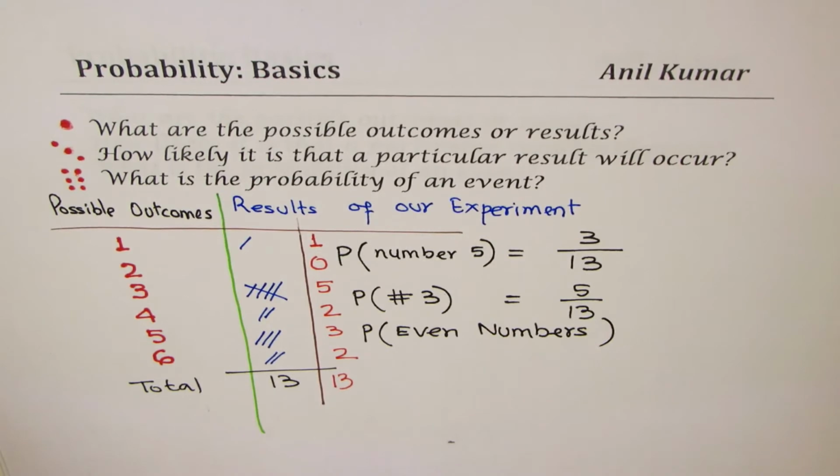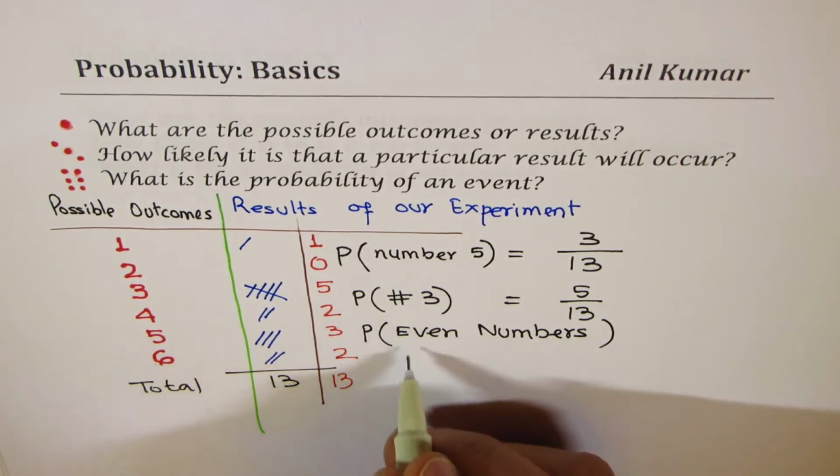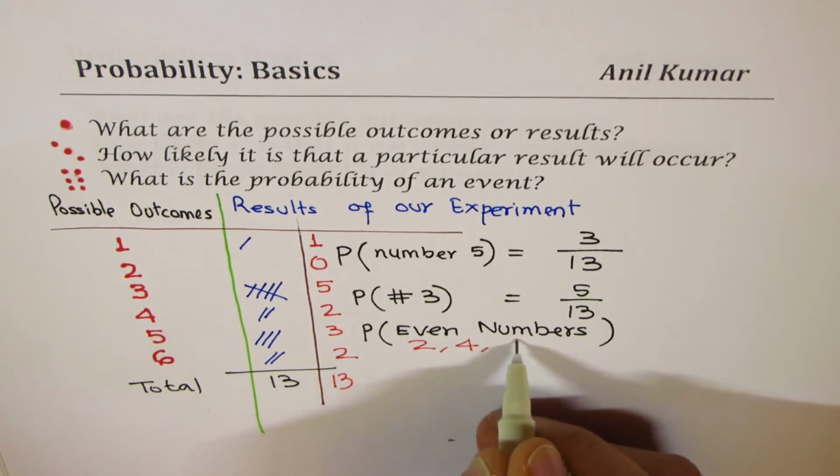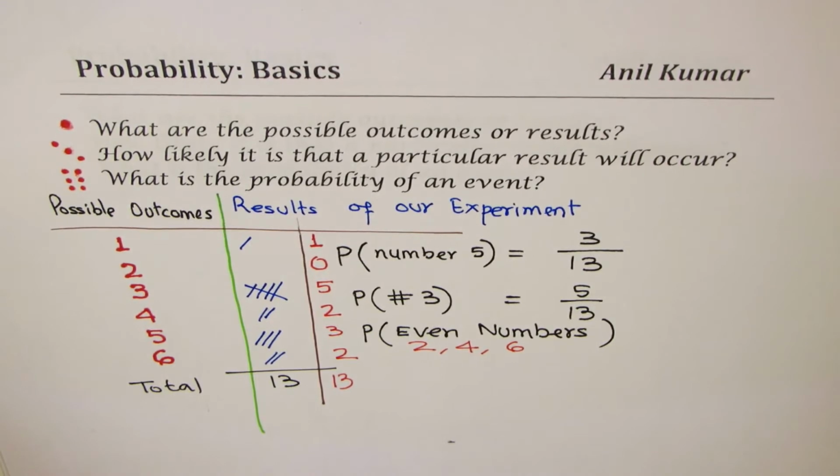Even numbers are numbers like 2, 4 and 6 in this particular case. So it is 2 or 4 or 6. Those are the even numbers. So to write this probability, what are you going to do? Well, you will have to add the numbers for 2, 4 and 6.